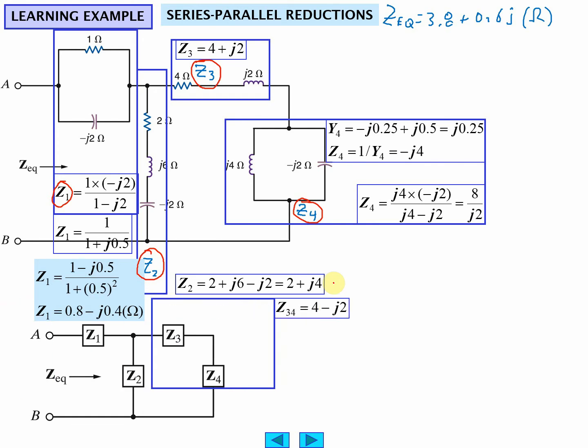So the sum of these two, Z3 and Z4, 4 plus 2J minus 4J, Z4 minus 2J, Z34. 2, 3, 4. All three of these, it's the parallel resistor combination.